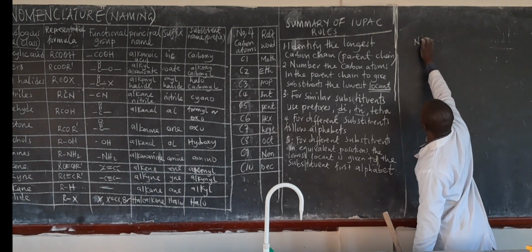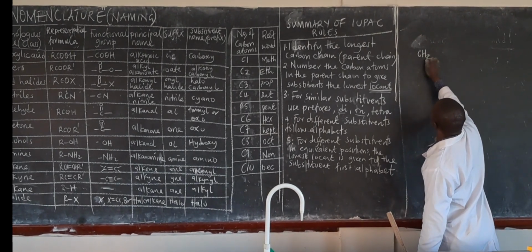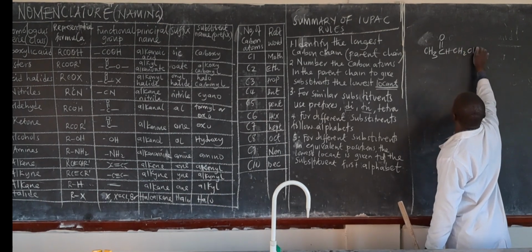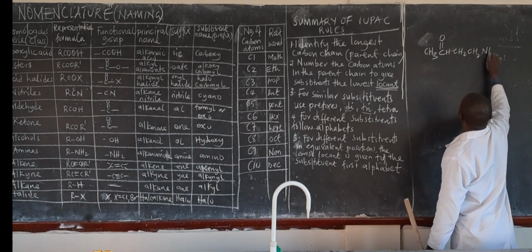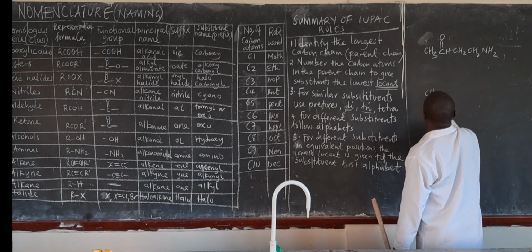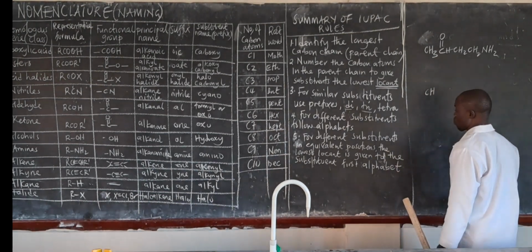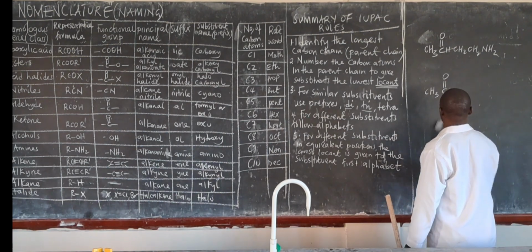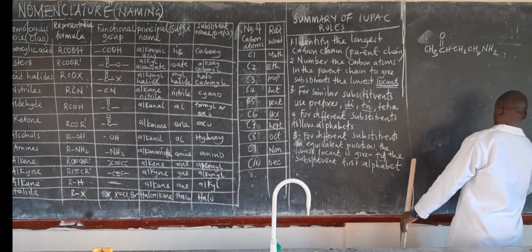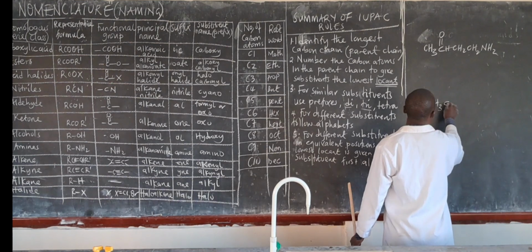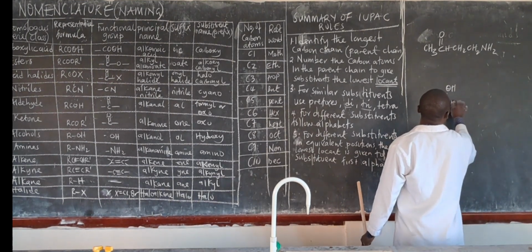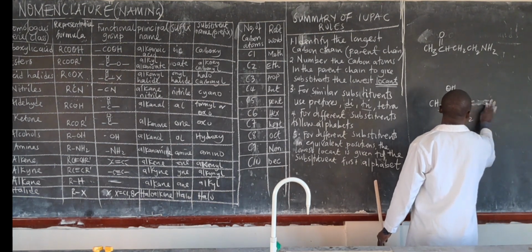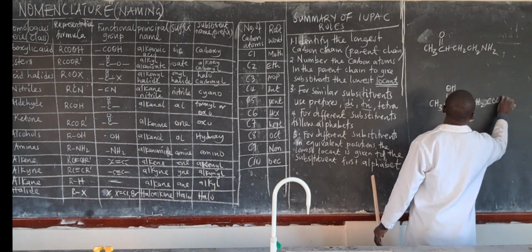Other examples here. Assuming you have this structure with maybe the amino group, what would you select as the key functional group there? You have this, let's have some example here, and then you have the CH2COO.